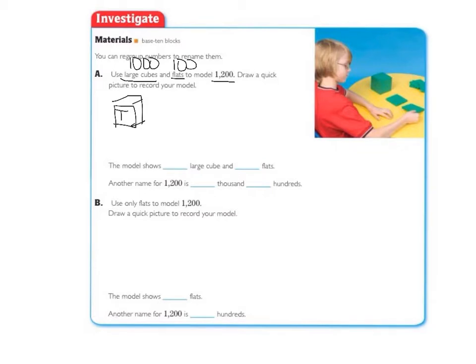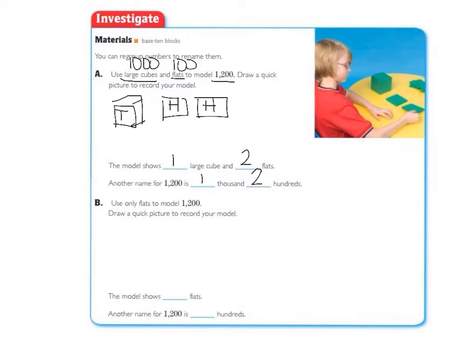Then after that, I also need 2 flats that are each worth 100. And that gives me 1,200. You can see that my model shows 1 large cube and 2 flats. Another name for 1,200 is 1,000 and 2 hundreds.